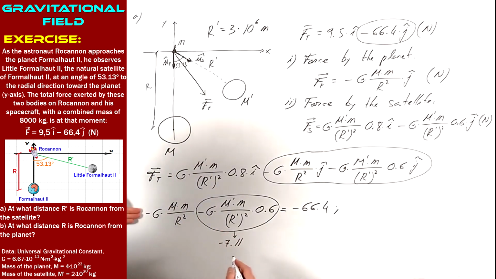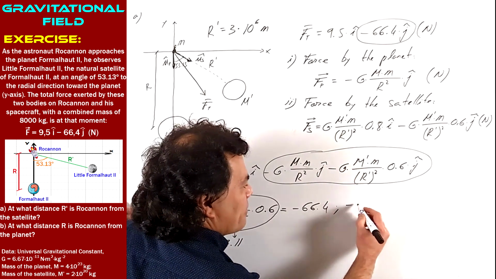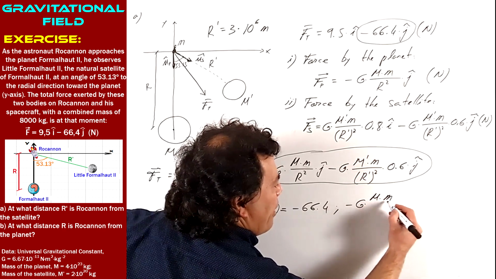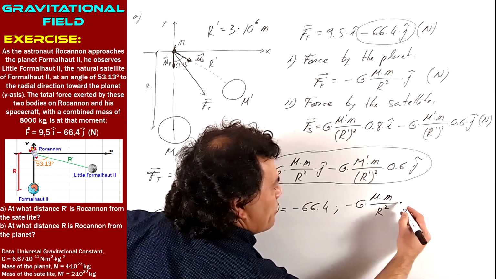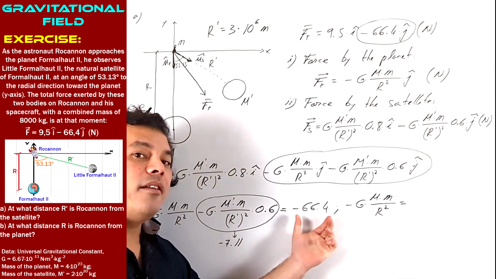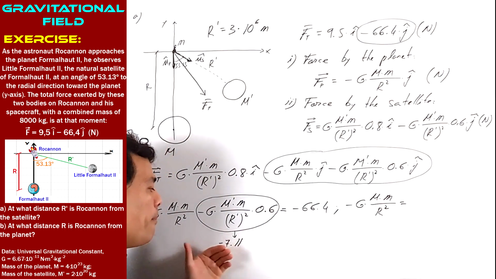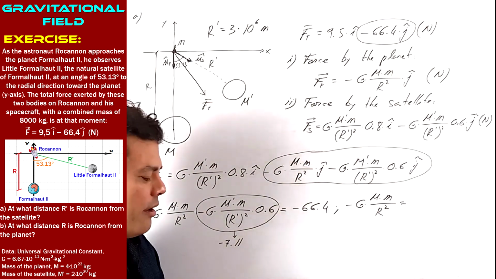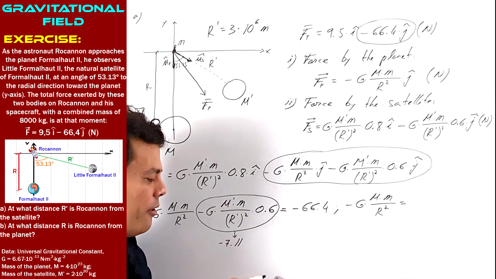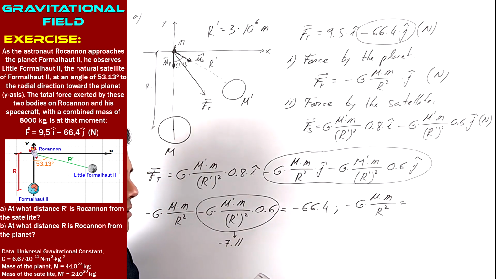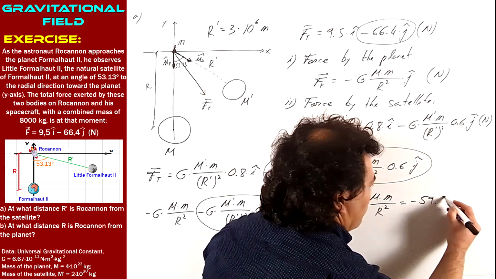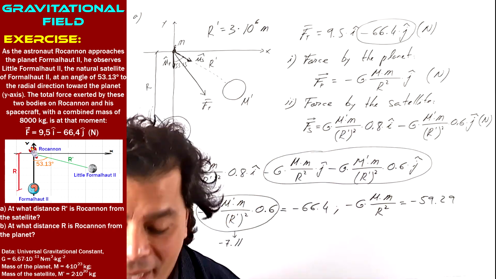Now we are doing negative G M divided by r squared must be equal to negative 66.4 plus 7.11. And negative 66.4 plus 7.11 equals negative 59.29.